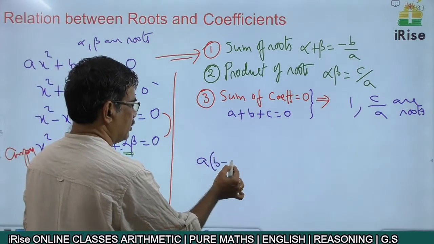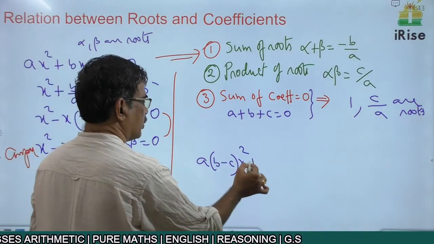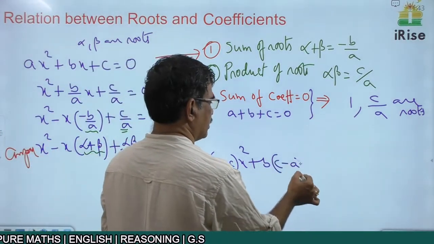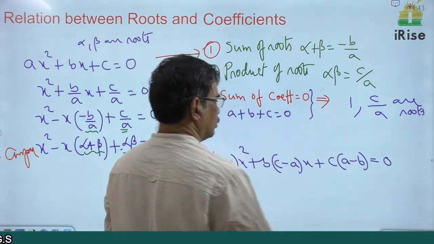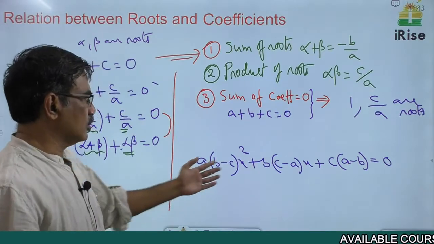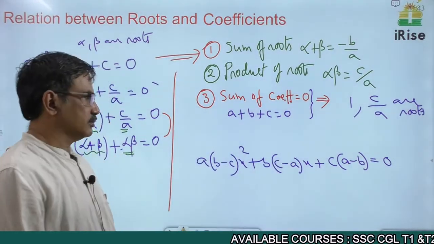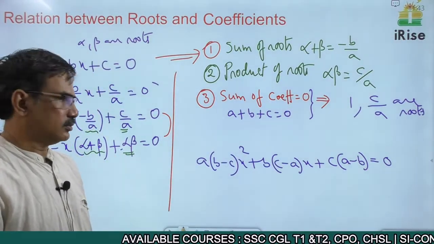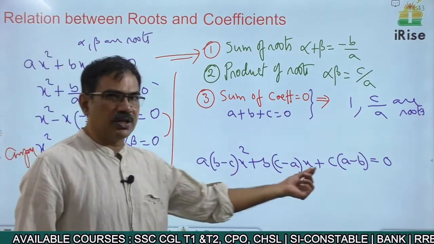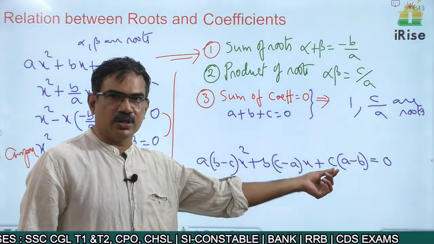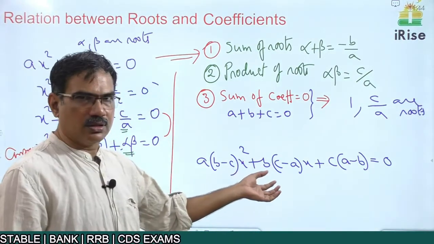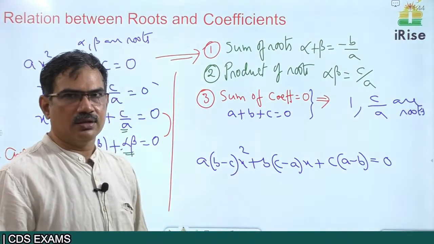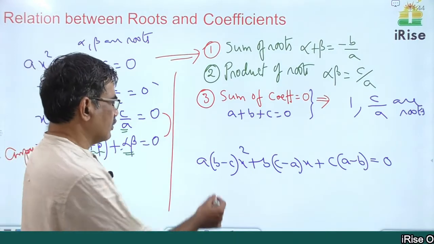a into (b minus c) x square plus b into (c minus a) x plus c into (a minus b) is equal to 0. Then what are the roots of this quadratic equation? Here applying minus b plus or minus root of b square minus 4ac by 2a is a very lengthy procedure, and factorization is also somewhat difficult. See carefully.